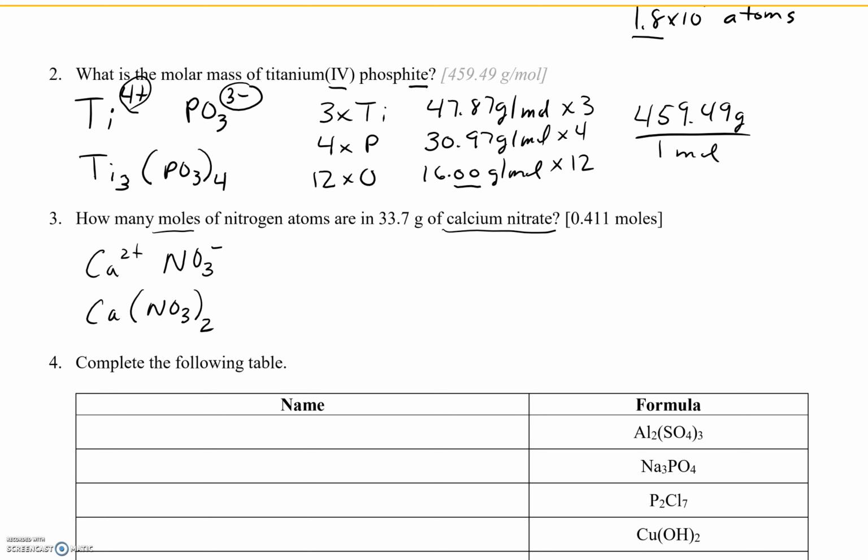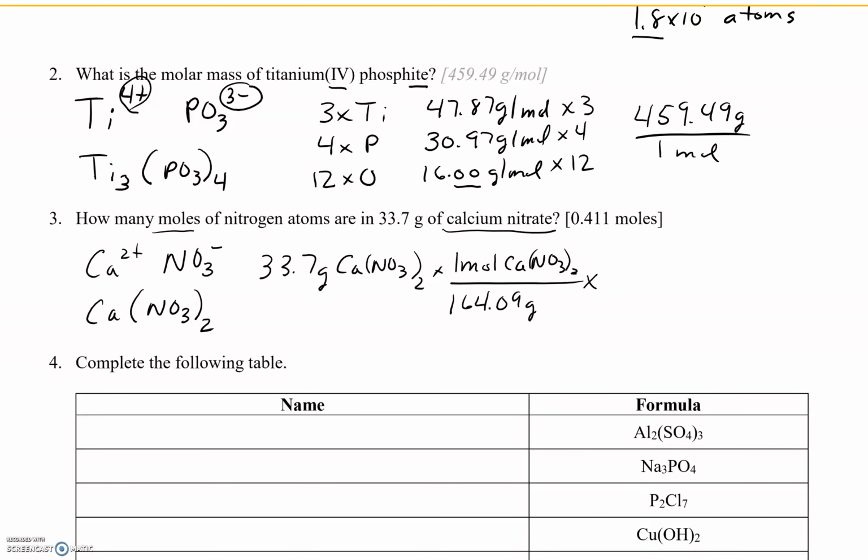We can then start with a measured value, the 33.7 grams of the calcium nitrate. We can multiply it by the molar mass, calculated just like we did for the titanium 4 phosphite. And then we can multiply it by a ratio.